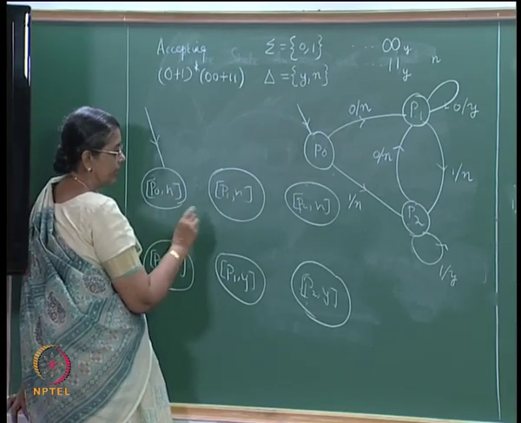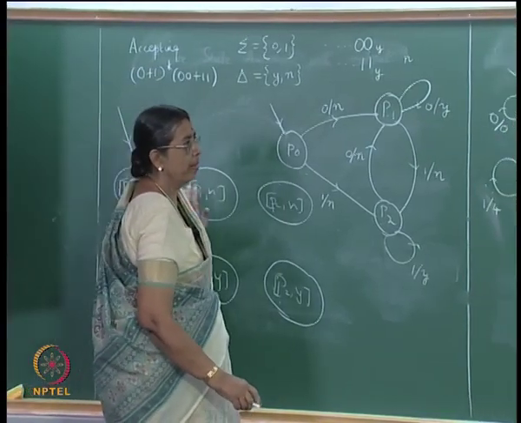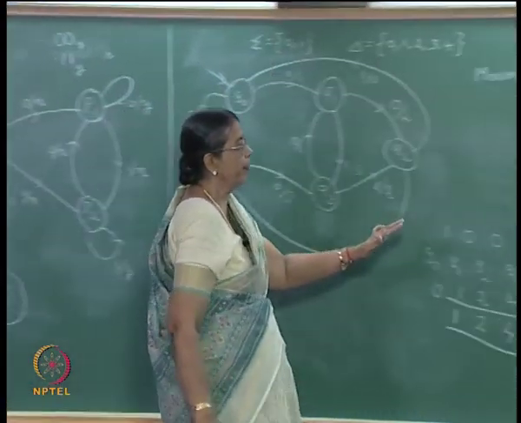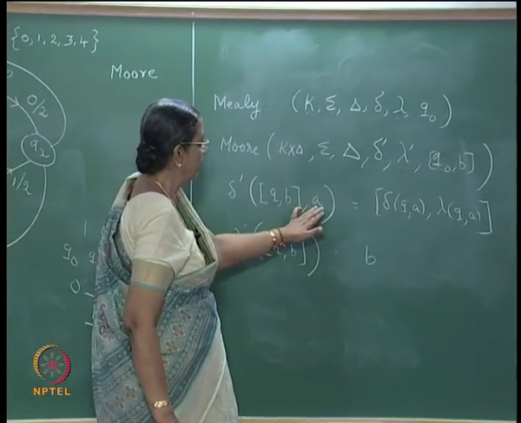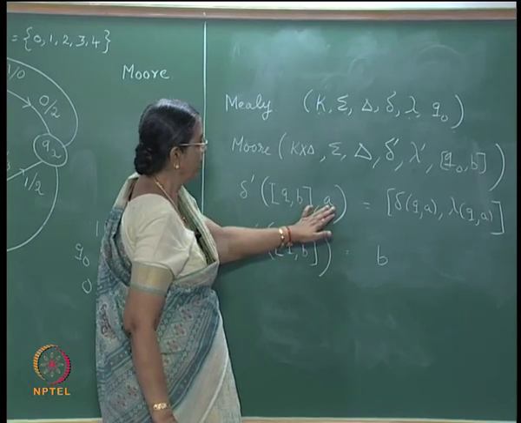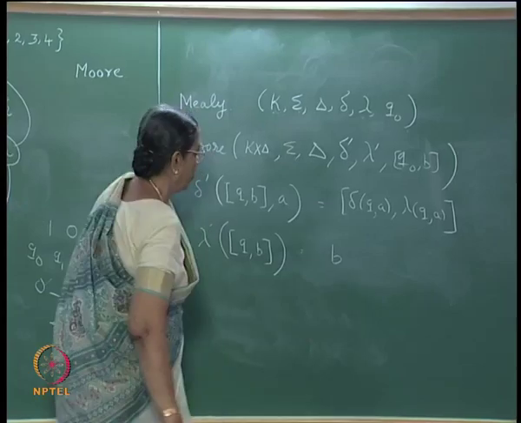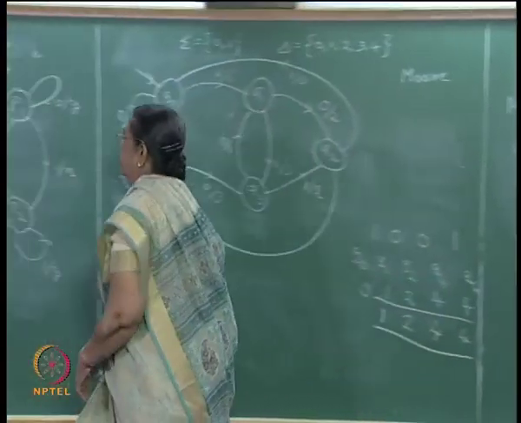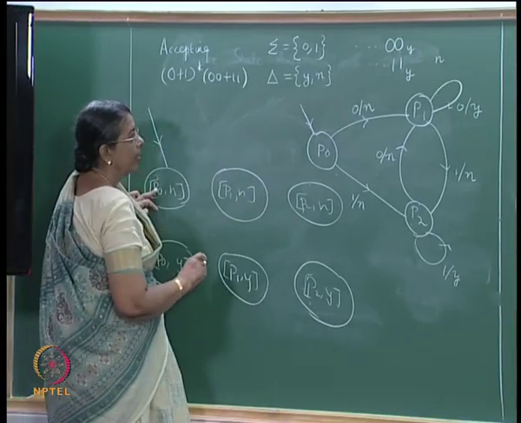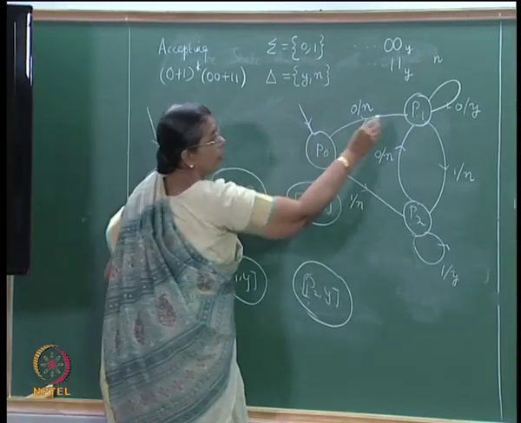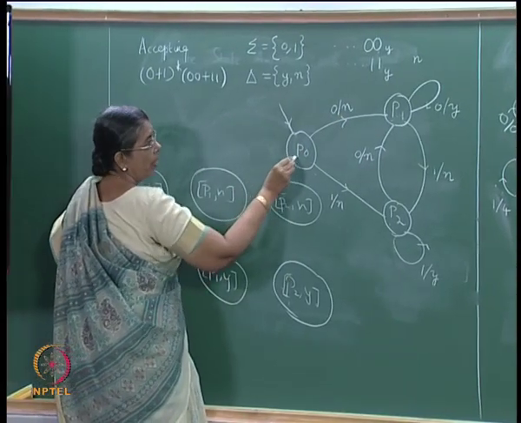The transitions are drawn in this manner. Look at the definition: delta dash of (q, b) on input a is delta of (q, a) and lambda of (q, a). So, in this case, from P0 on 0, what state do you go to? P1, and what is the output?